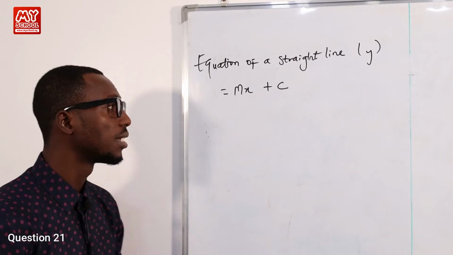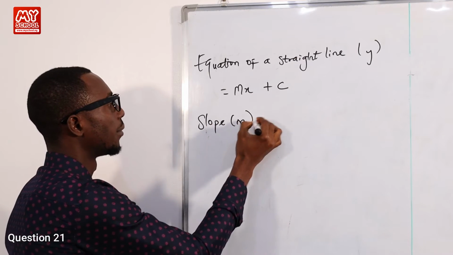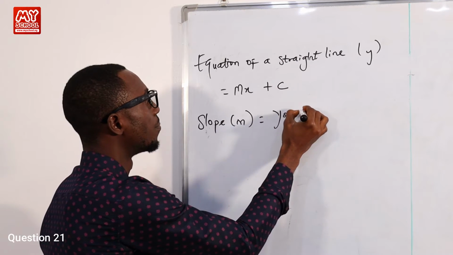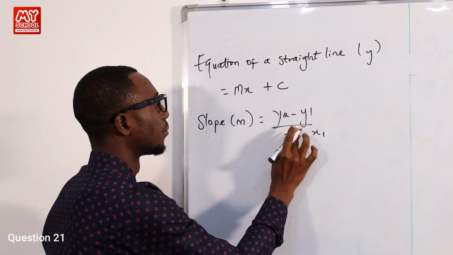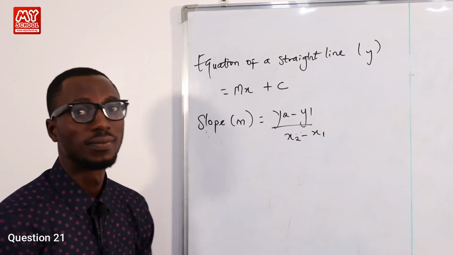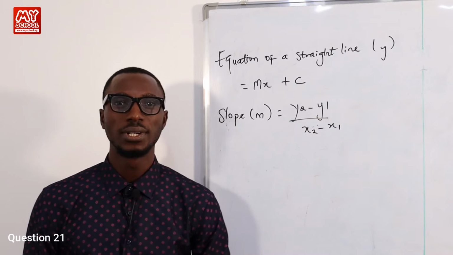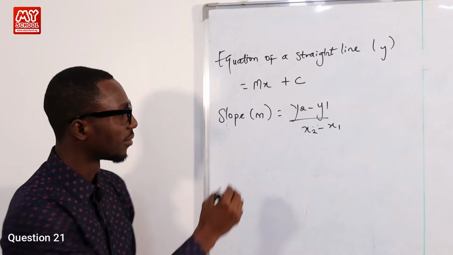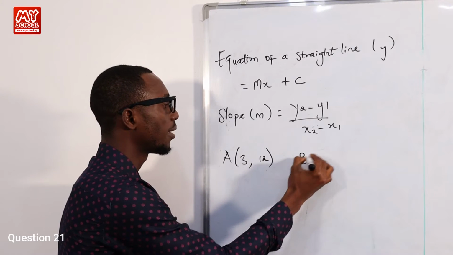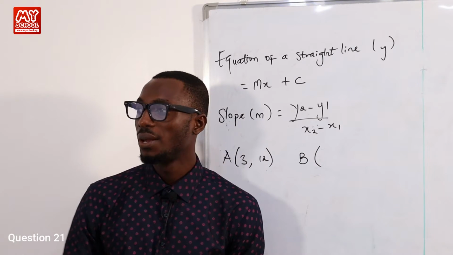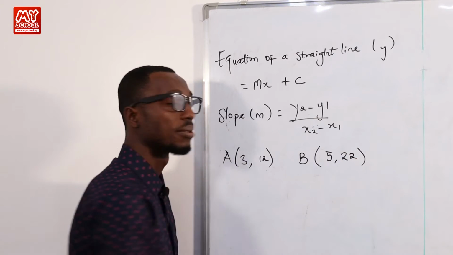So if we go through our given data, we recall that the formula for slope, m, equals y2 minus y1 over x2 minus x1. So let's see the values for y2, y1, x2, x1. On point A, we're given 3, 12. Point B, we have the values as 5, 22.